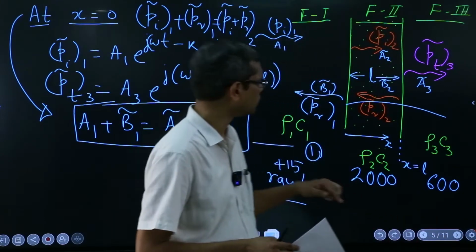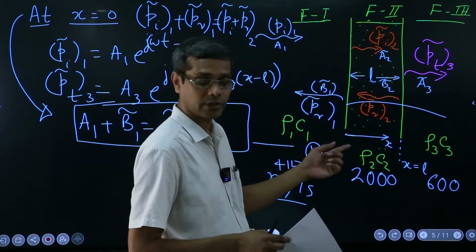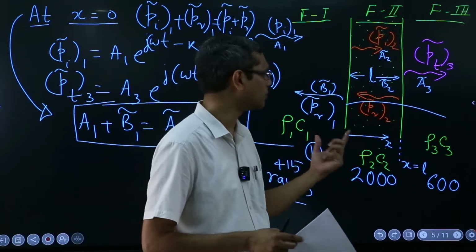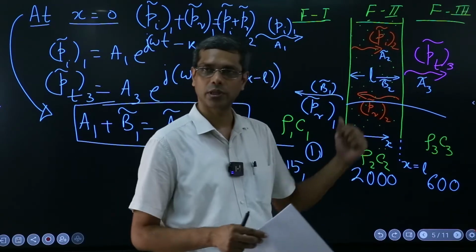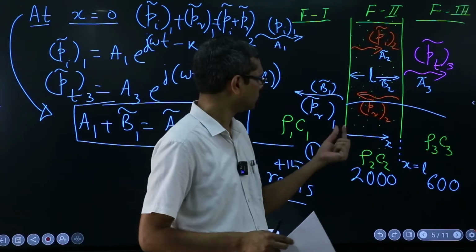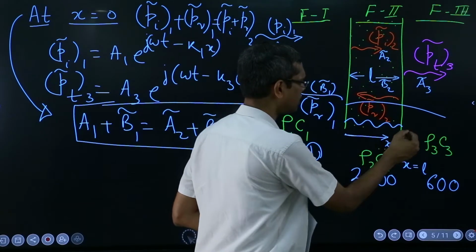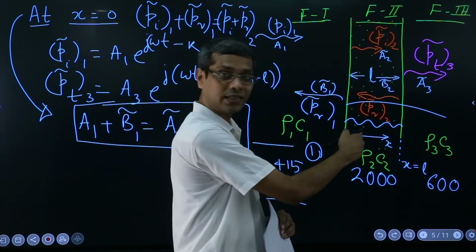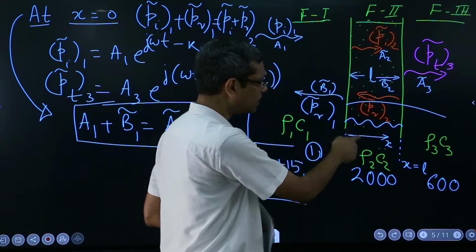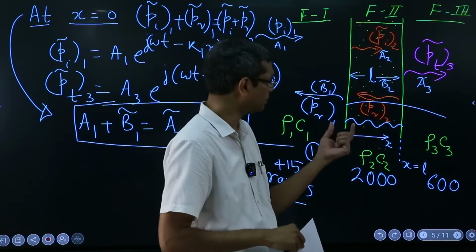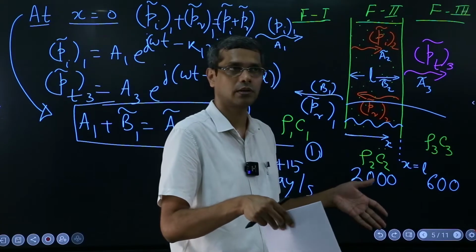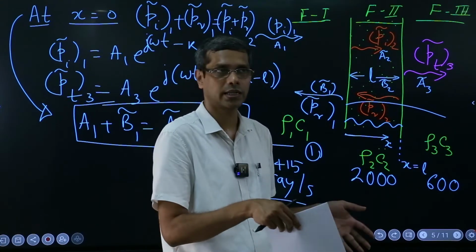So what frequency you are talking about will decide whether you can consider a lump. As I was saying, if you go to 10,000 hertz, your wavelength will be so small that inside it pressure will vary like this. So then the same wall is behaving as a distributed element. Pressure is varying inside that.